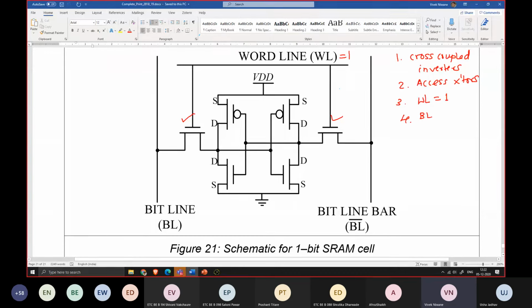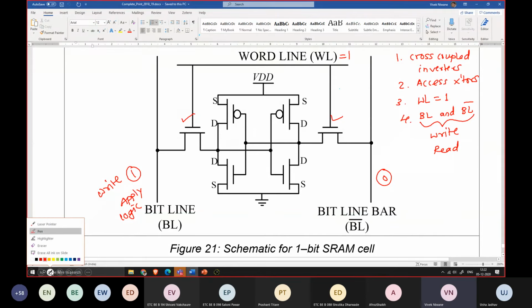Now this bit line and bit line bar. Okay. These two lines are used for both writing and reading operation. Okay. If you want to write, we will apply some logic. Apply logic when? When you want to write. If logic 1 is applied here, then apply logic 0 here.